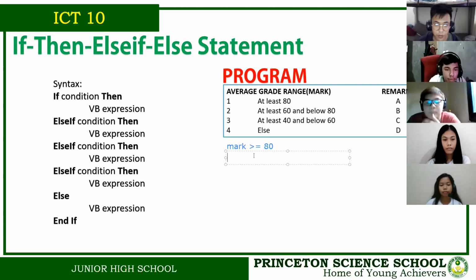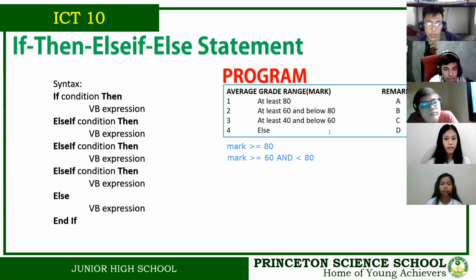So the second condition, mark is greater than or equal to 60. So that's the meaning of at least 60, and less than 80. Okay, so that is the second condition. So the expression is going to be B.